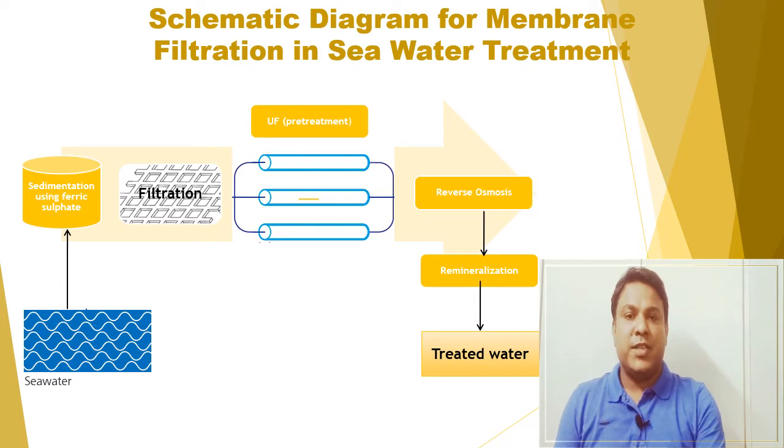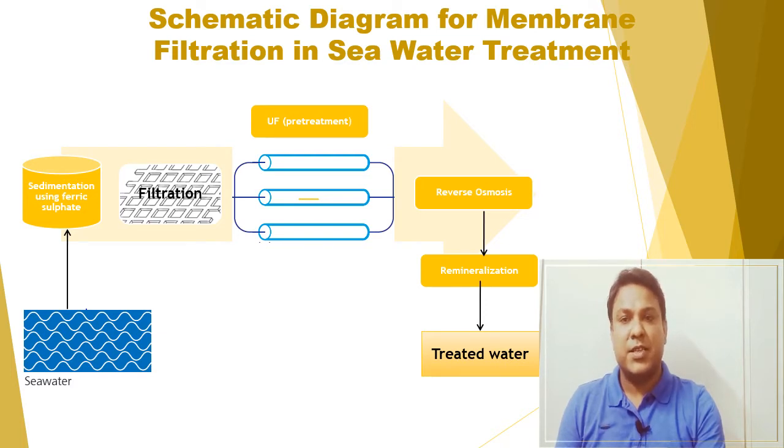When we see this schematic diagram of membrane filtration, it is basically a simple process where seawater is sedimented in an open tank using ferric sulfate. Ferric sulfate is a coagulating agent or flocculant. The water passes through the basic filtration process and goes to ultrafiltration as a pre-treatment.